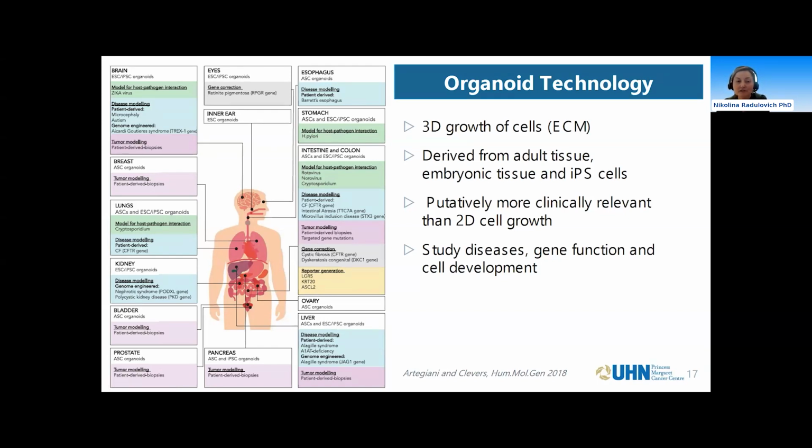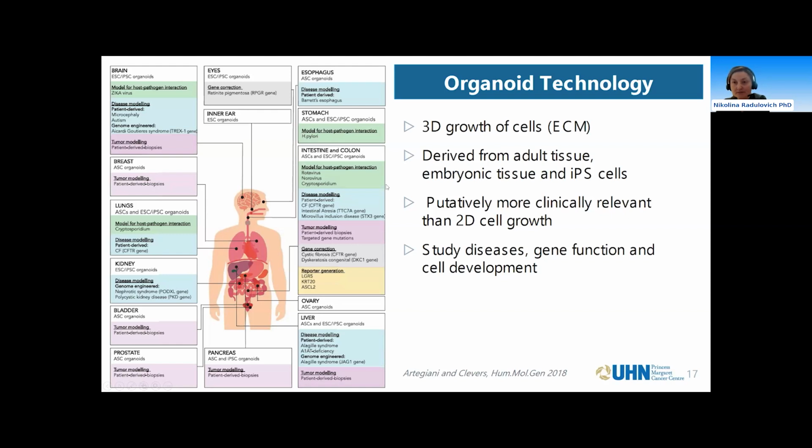The first adult stem cell organoids were reported in the early 2000s, generated from the Clevers group from mouse LGR5-positive small intestine stem cells. After this initial innovation, various organoids from different organs and different stem cells have been generated from humans and also other animals, and this is listed here in this review.